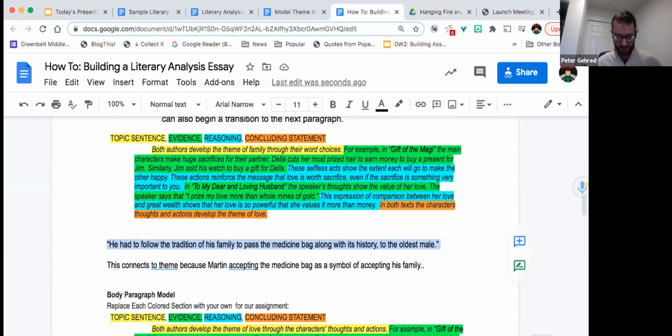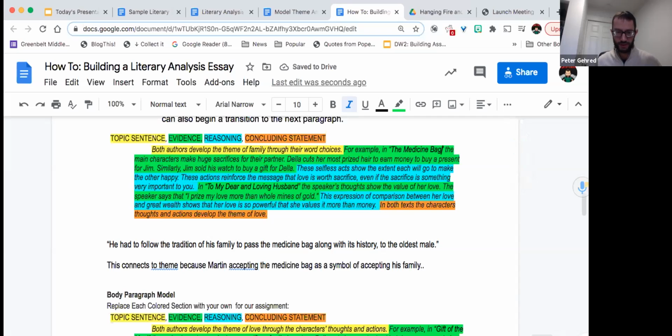So we take this quote, and you can see they have scaffolding. For example, in The Gift of the Magi, the main characters make huge sacrifices. They're talking about the main characters. We don't want to talk about main characters. First of all, we're not doing The Gift of the Magi. We want to do the medicine bag here, and we're not talking about the main characters.